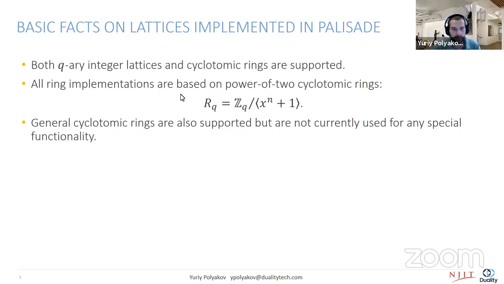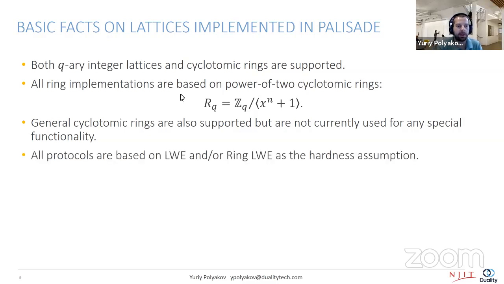However, general cyclotomic rings are also supported, but more at the lower level. We're not using any special capabilities, any new capabilities that they provide to us. Just a side remark, I'm interested in exploring this more in the future, as long as we can get an agreement on how secure general cyclotomic rings are.